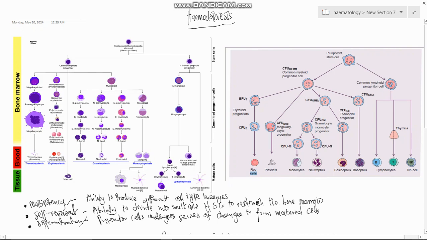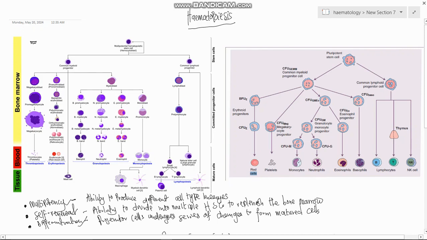So when we start with the pluripotent stem cell or the multipotent stem cell, we understand from the definition of multipotent that multipotent stem cells have the ability to produce different cell type lineages. So we can see from the diagram that the stem cell has produced different types of cell lineages.